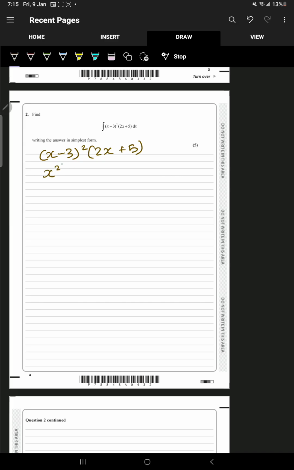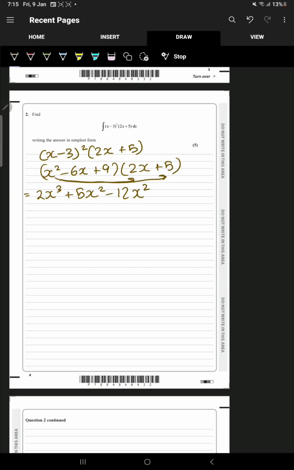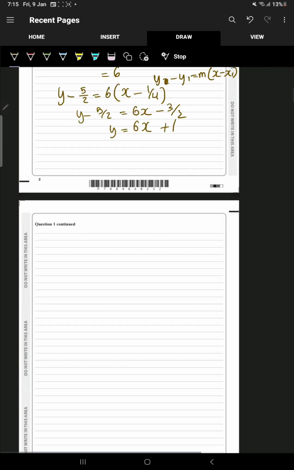That's going to be x squared minus 6x plus 9 times 2x plus 5, and you expand it. So 2x cubed, and you expand this one, 5x squared, and this is going to give us minus 12x squared. Minus 6 times 5 is going to give us minus 30x.